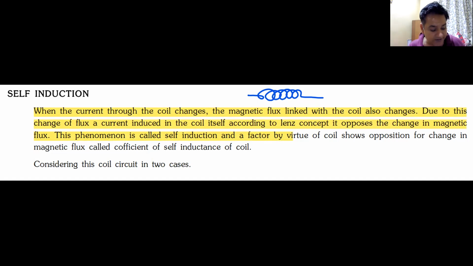I hope you understand it. Yes, sir. This phenomenon is known as self-induction. Do we get this, beta?